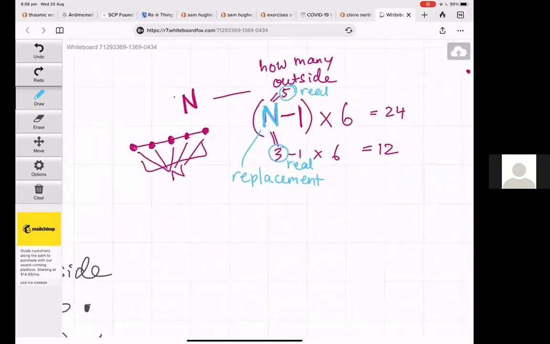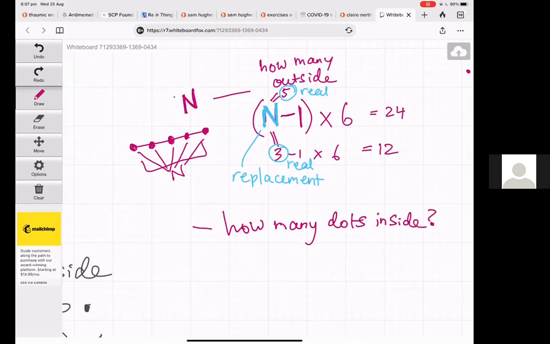And then what did we do to count the number of dots on the inside? You did the same thing, and once you get all your answers, you just add all your answers together, and that's how many inside.